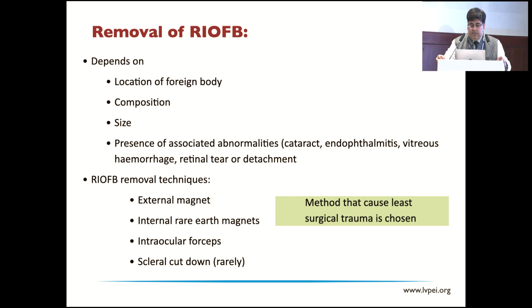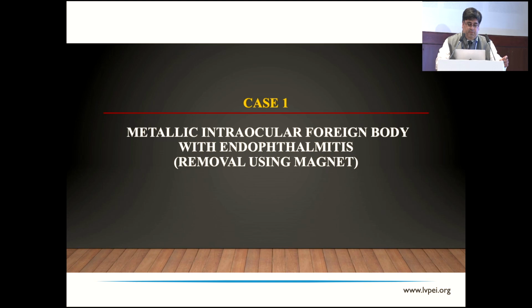The techniques can be with the help of a magnet, intraocular forceps, or for a very anterior foreign body, it can be approached through a scleral cut down. The method that we choose depends on which is going to cause the least amount of surgical trauma to the patient. I'm going to be highlighting a few techniques which I have used through a video.